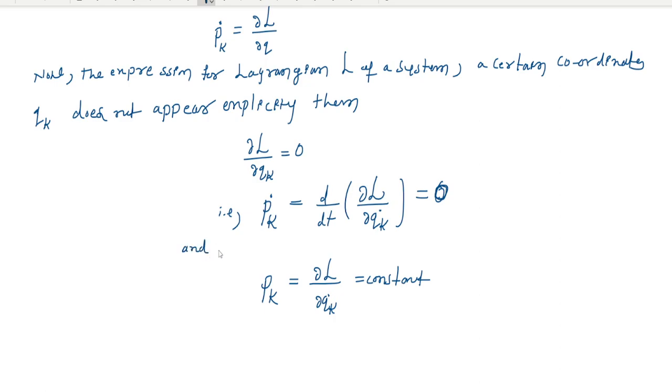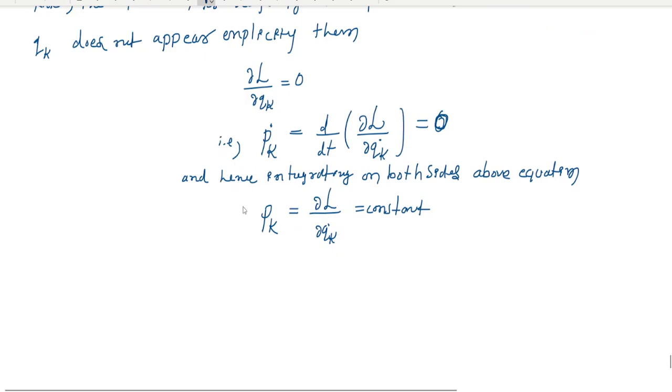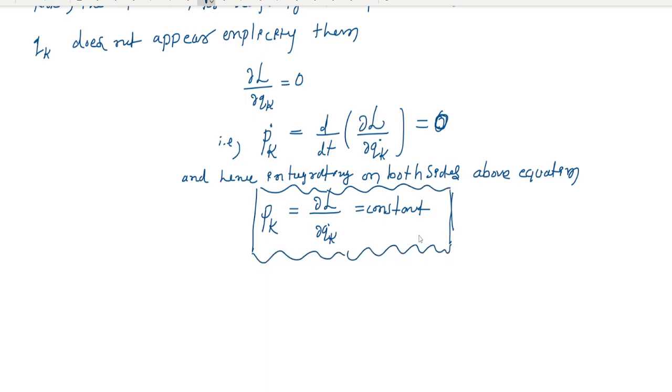So the final equation we got is p equal to constant, momentum equal to constant.